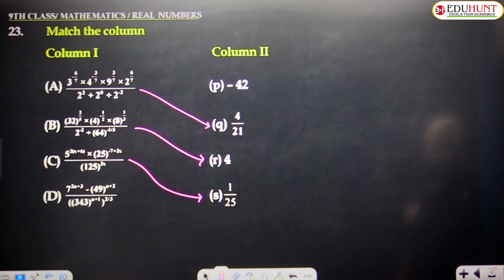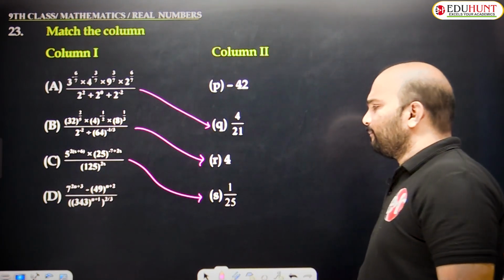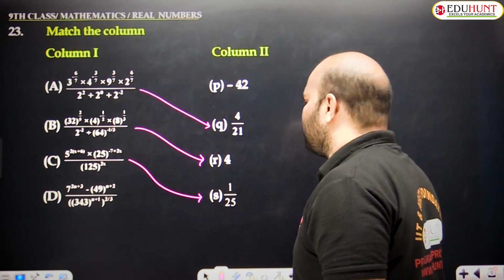So what is the last one? D: 7 power 2n plus 3 minus 49 whole power n plus 2, whole by 343 whole power n plus 1, again power 2 by 3 given.